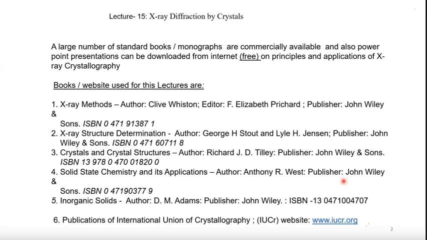Here I again point out that I took a large number of standard books and monographs, as well as free internet downloads, and X-ray crystallography related books, specifically: X-ray Methods, Clive Weston, editor Elizabeth Pickard, publisher John Wiley; X-ray Structure Determination, Stout and Jensen; Crystals and Crystal Structure, Richard Tilley; Solid State Chemistry and its Applications, Anthony Arthur West; Inorganic Solids, Adams; and publications of the International Union of Crystallography.